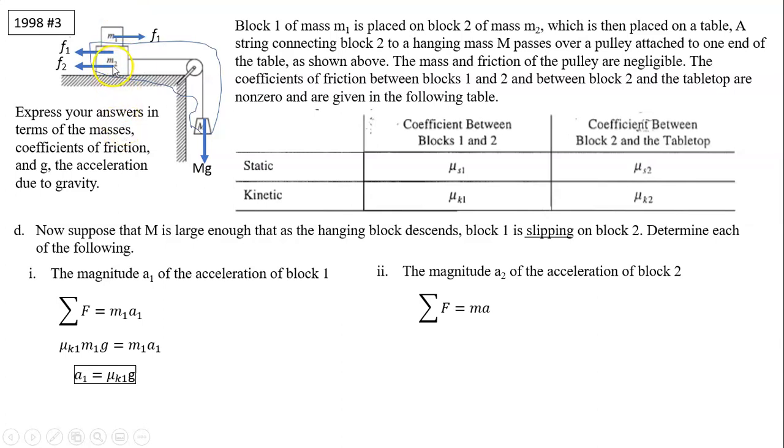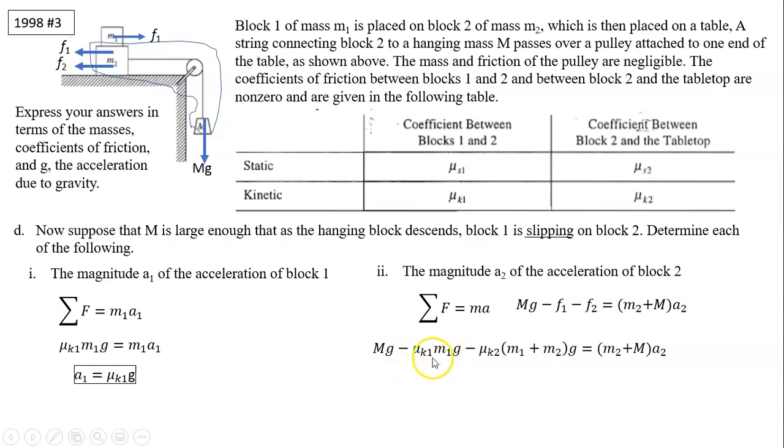Up and down cancel. The forces on the system of M2 and big M are big Mg going downward, which has to overcome kinetic friction from M1 on M2 and kinetic friction from the table on M2. So big Mg minus F1 minus F2 equals (M2 plus big M)A2, because in this case M1 is not part of the system.